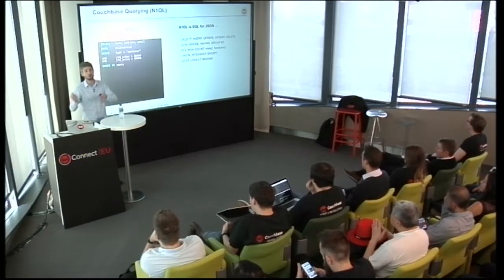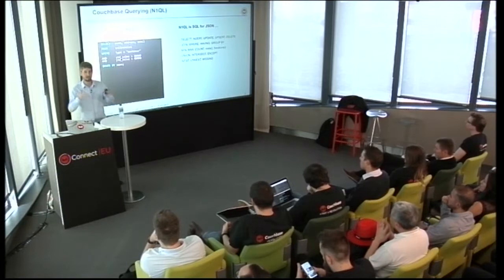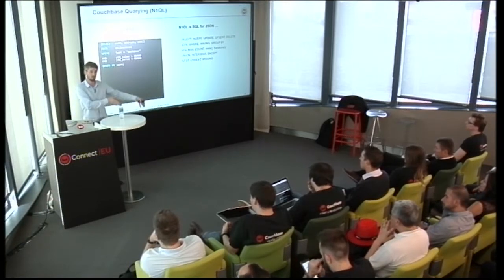And so we had to introduce this concept of missing. Whereas in SQL, everything is in a very structured table and a value has to exist. It may be null, but it has to be there. Within JSON, it doesn't have to exist, and you need a way of expressing that. And so with N1QL, we added the concept of missing so that I can say, give me all documents where this field doesn't even exist, or give me all the documents where the field does exist, knowing that there may be some where it doesn't.